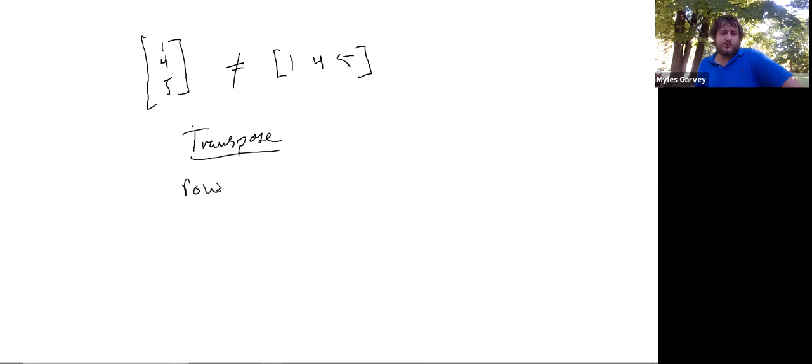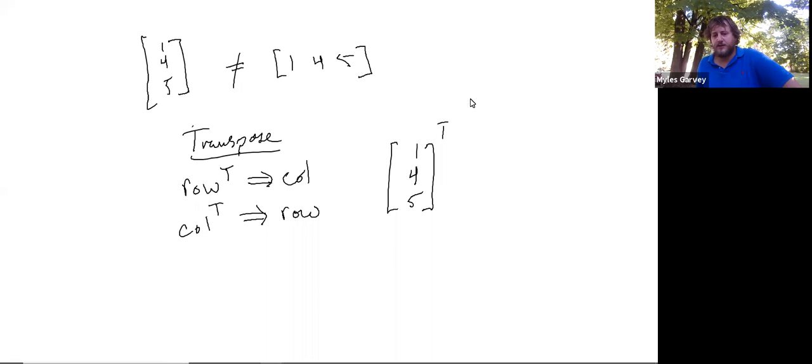The transpose of a row vector gives us a column vector, and the transpose of a column vector gives us a row vector. So for example, the transpose of the column vector 1, 4, 5, which we usually denote like this, is equal to the row vector 1, 4, 5.